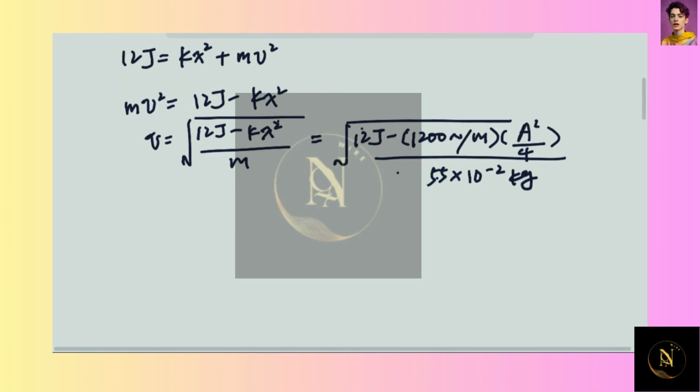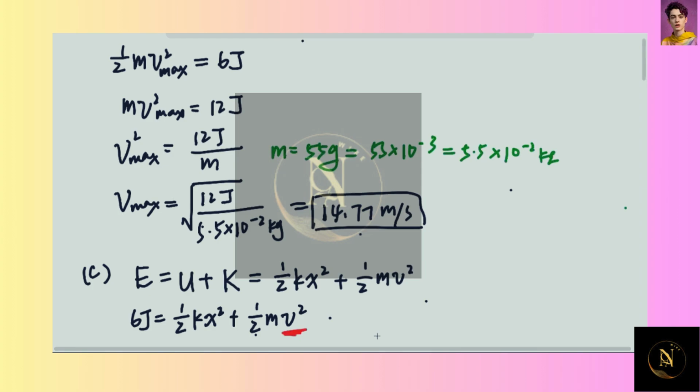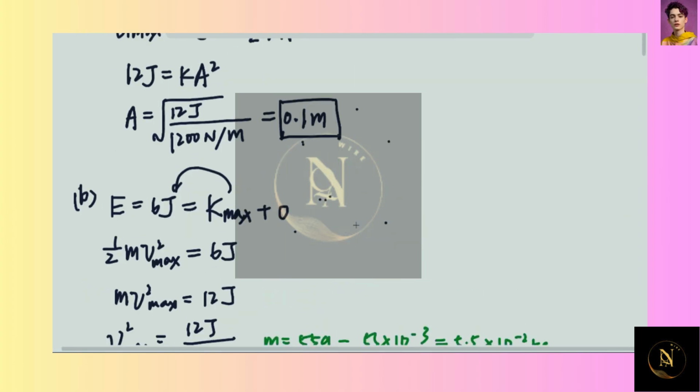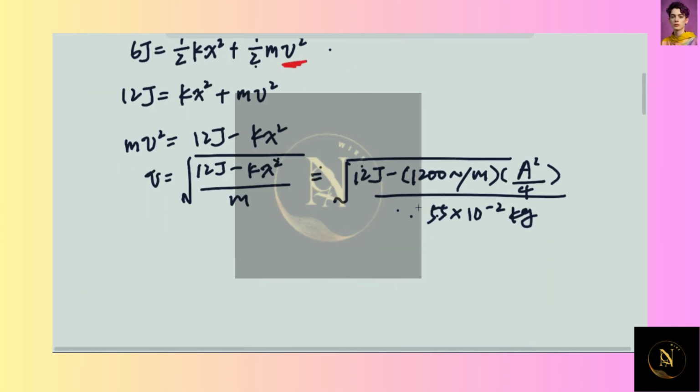Since A should be 0.1 meter from part A of the question, we should also plug that in. And in the end, this giant expression should give us about 12.792 meters per second. That should be the final velocity for the question.